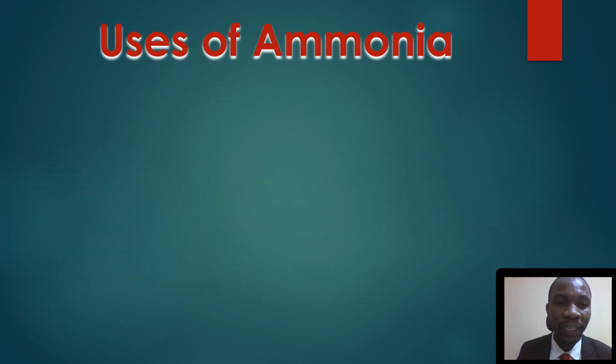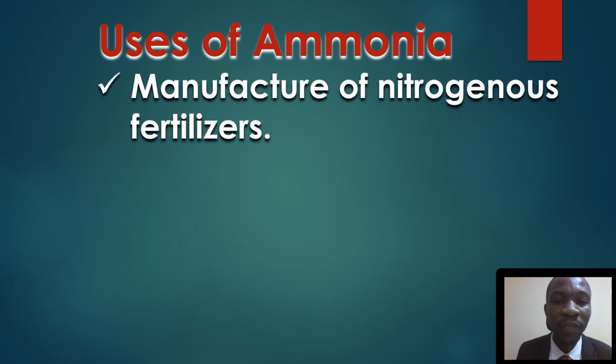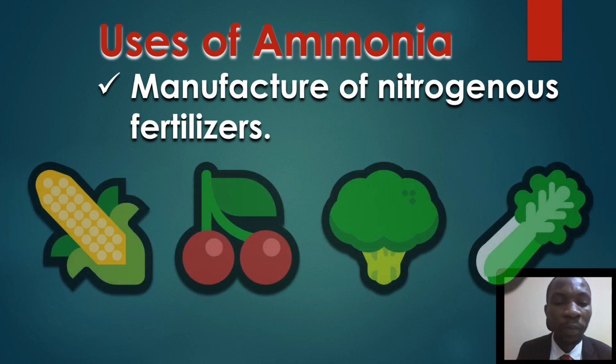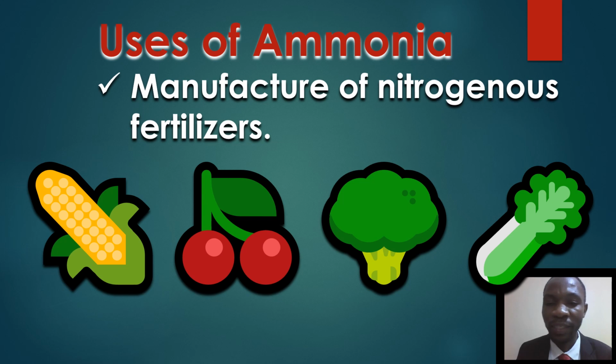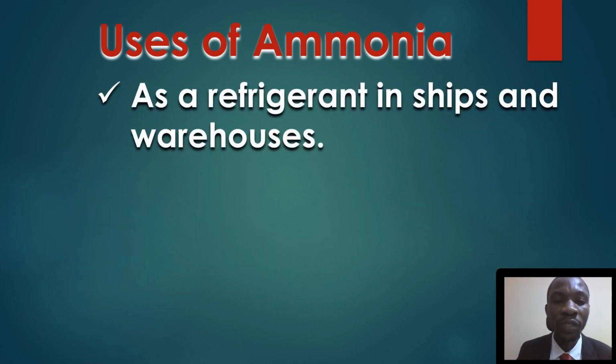Then another thing is that ammonia can be used in manufacture of nitrogenous fertilizers like ammonium nitrate. These nitrogenous fertilizers are also used in crop production in agriculture. Another use of ammonia is that it can be used as a refrigerant in ships and warehouses.